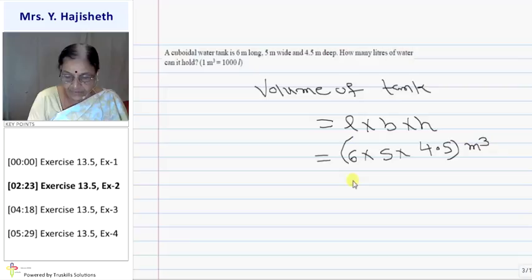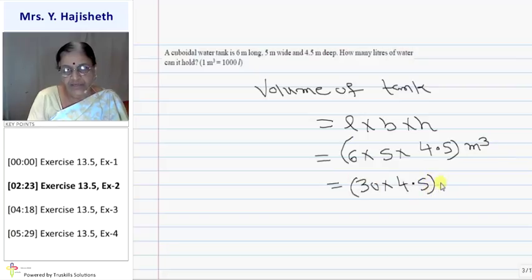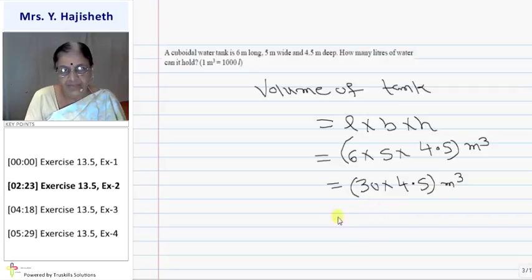6 into 5 is 30. 30 into 4.5: 120 and 15. So it is 135 meter cube. But you are asked to find out how many liters.